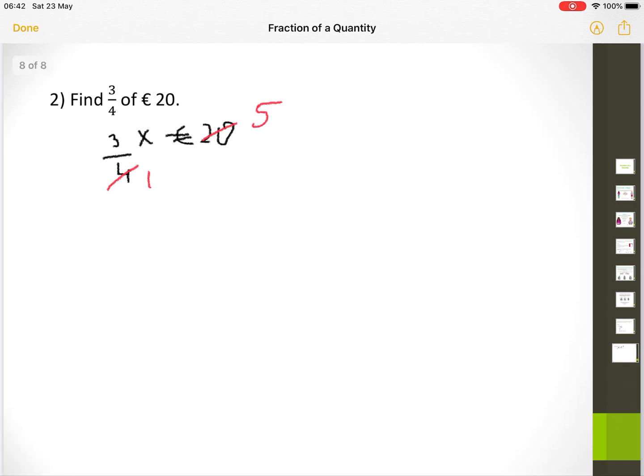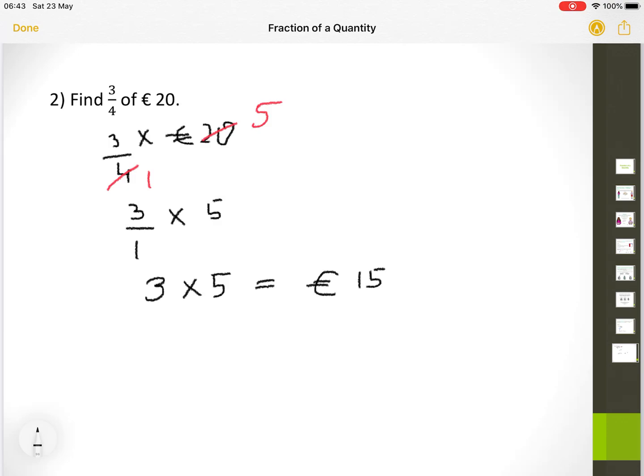I remain with 3 all over 1 times 5. 3 all over 1 means 3 wholes. 3 times 5 is equal to 15. So my answer is 15 euro.